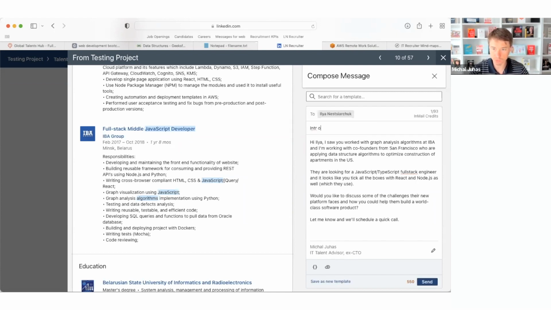For example, like introduction, graph analysis algorithms. CTO introduction regarding graph analysis algorithms. Like that sounds appealing, probably. That sounds technical.